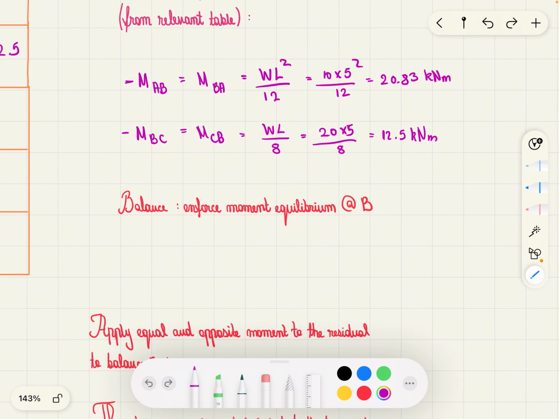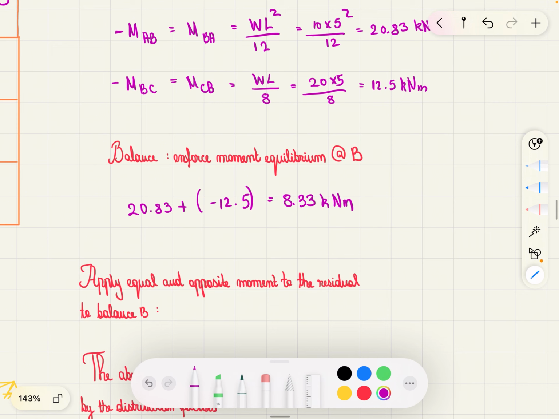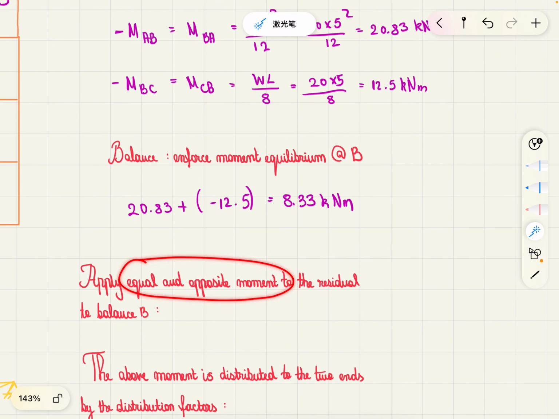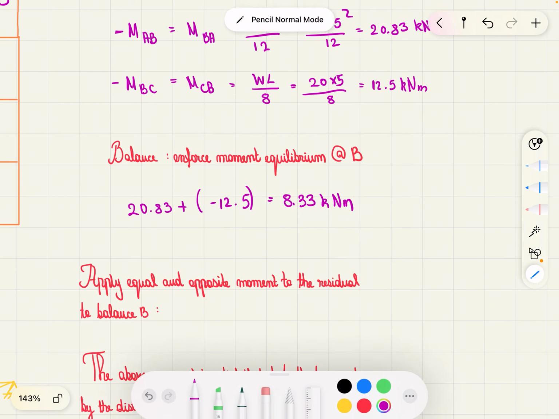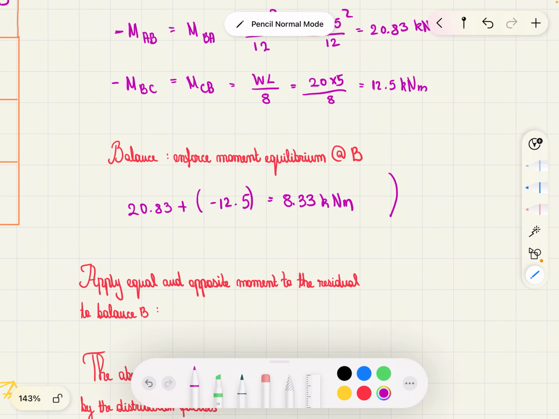We're going to do 20.83 plus, we keep the sign in the bracket, and this is the moment that we get at node B. But we want to apply an equal and opposite moment to the residual balance at B. So if this one's acting in this direction, we're going to want to apply the same thing acting in the opposite direction to balance it out. So we're going to get the negative version of this, minus 8.33 kilonewton meters.